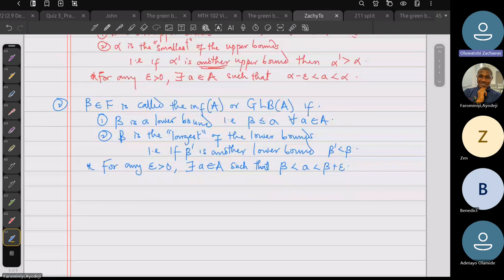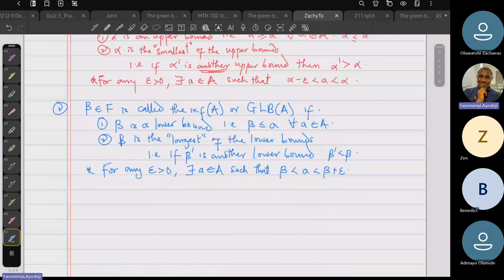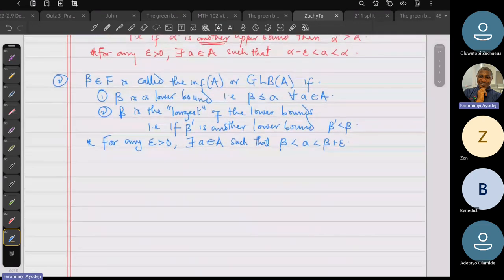Yes, sir. It has a lower bound. Good. Can you give me an element in the lower bound? That's one. Actually, we cannot use the integers as the ambient space because we said we want to use a field. So the least we can use there is Q, the rational numbers.